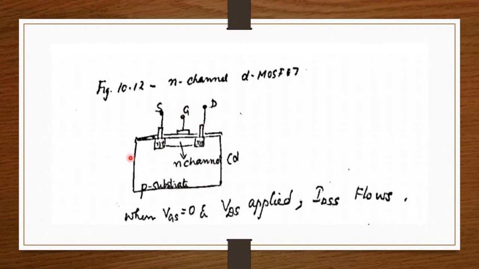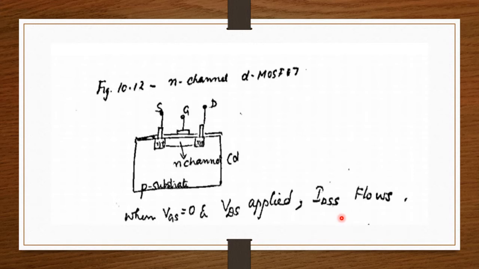Now, this is the figure again. It is figure 10.12, N channel D MOSFET. So P substrate and the N channel. Now, first of all, when VGS is 0, there is no potential at the gate terminal, and we apply a voltage VDS between D and S. Since the connection is there between drain and source, if we connect a potential here, there is a current flow through this N channel.